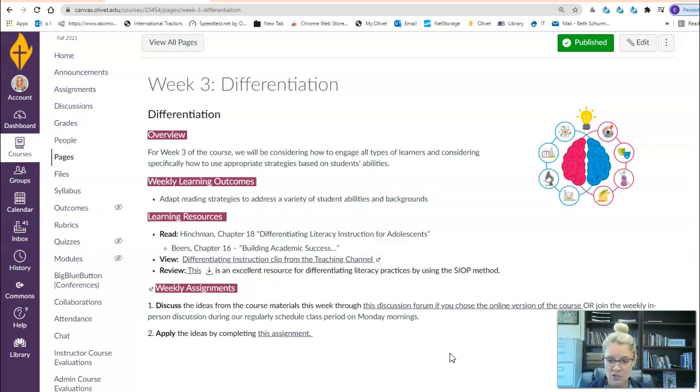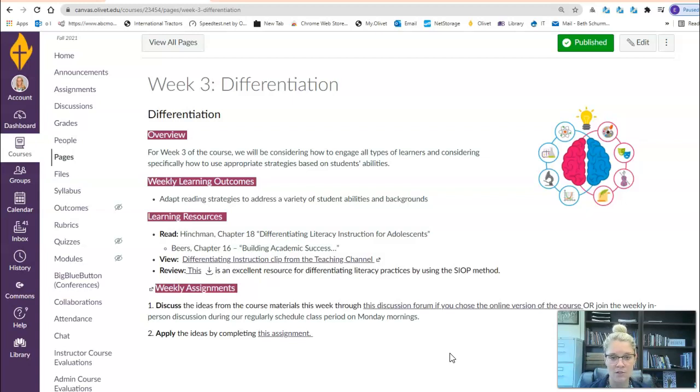So we know with differentiation that part of that can also be students who have additional needs, disabilities, accommodations, and we are not specifically going to get into things such as IEP plans. However, some of those same barriers for students that may help a student with an IEP or something like that may be helpful for all of our students.